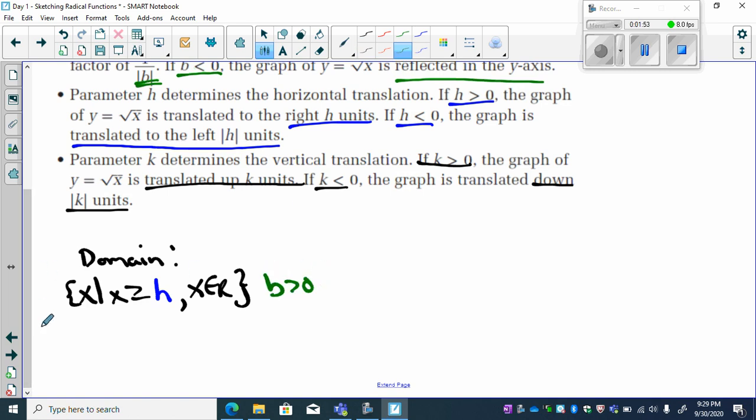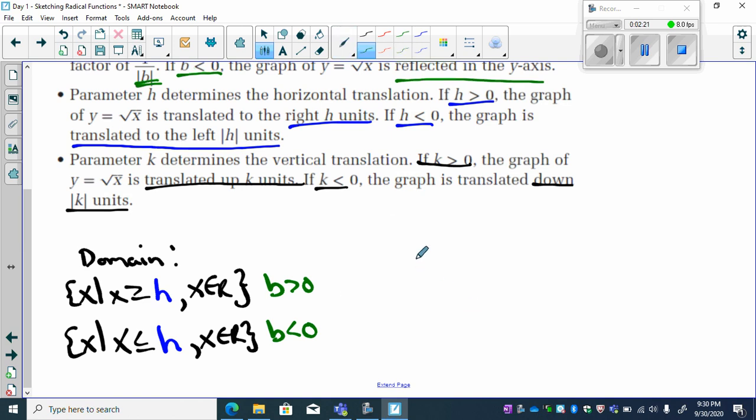If your b value is a negative, if there is reflection in the y-axis, the curve would be pointing to the left, and your domain would be x such that x is less than or equal to h. So that is if b is less than 0.